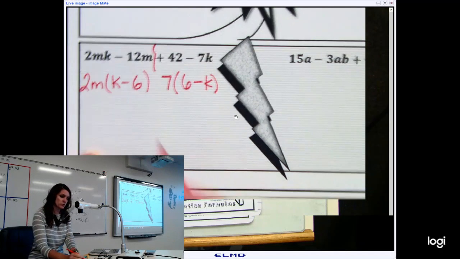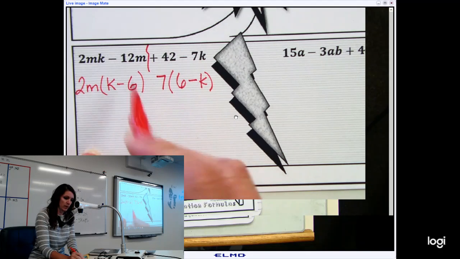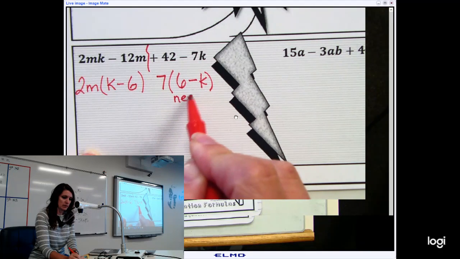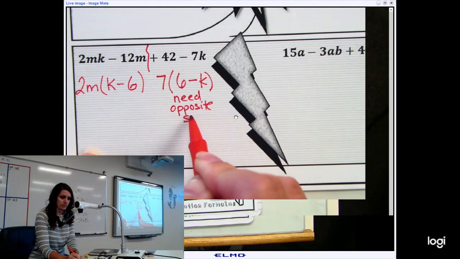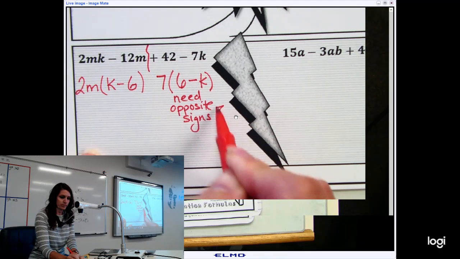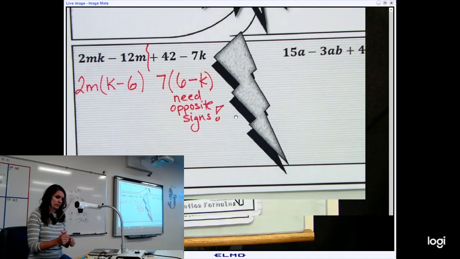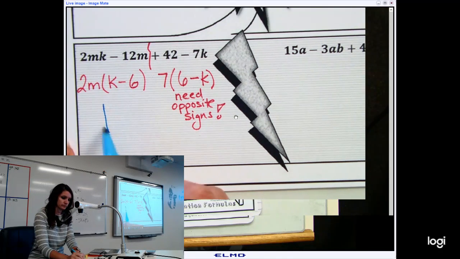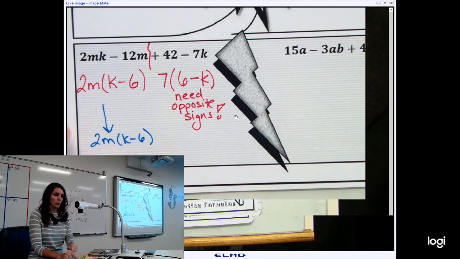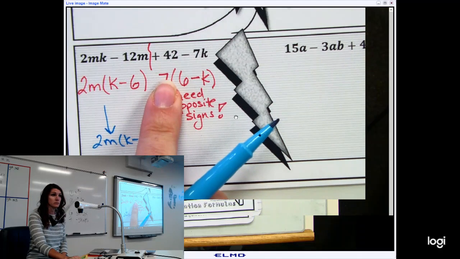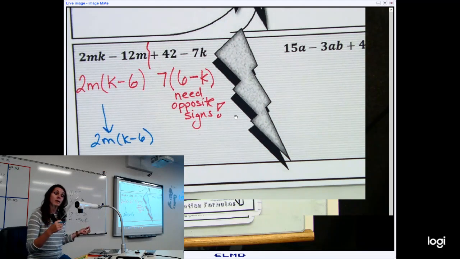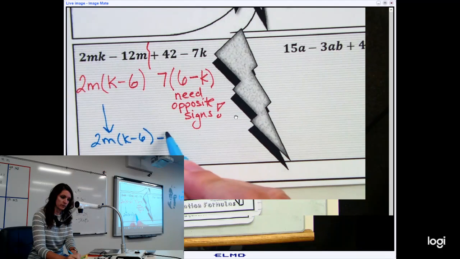So here's the trick. I'm going to remind myself, I need opposite signs. So this is the fix. I'm just going to bring everything down here. What if instead of pulling out a positive 7, I pulled out a negative 7?